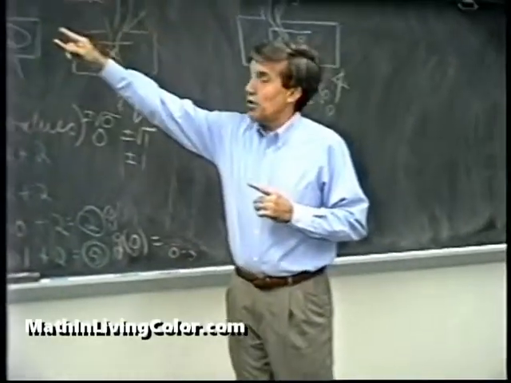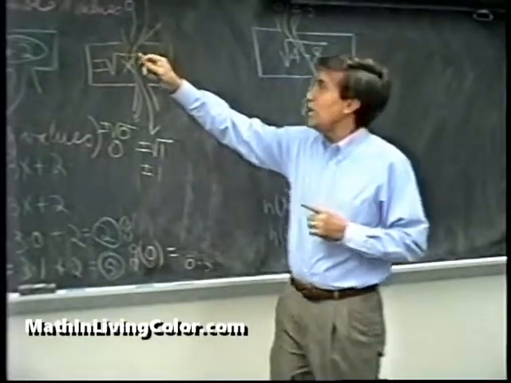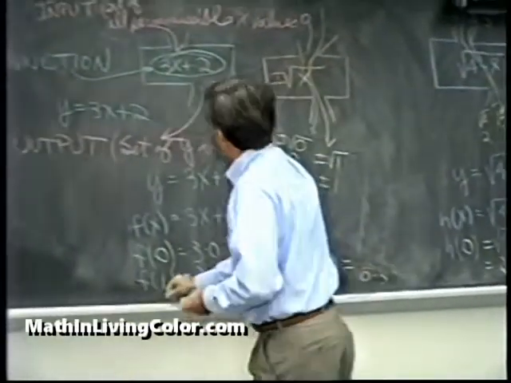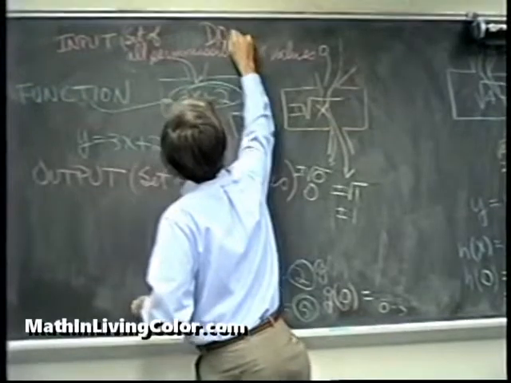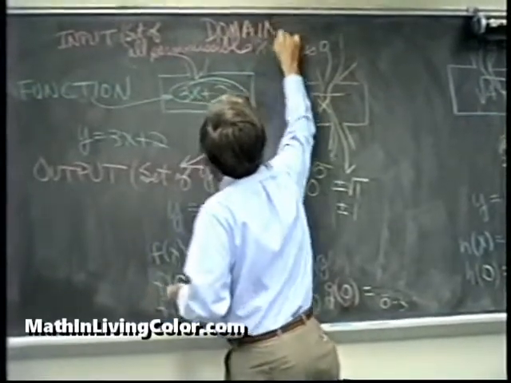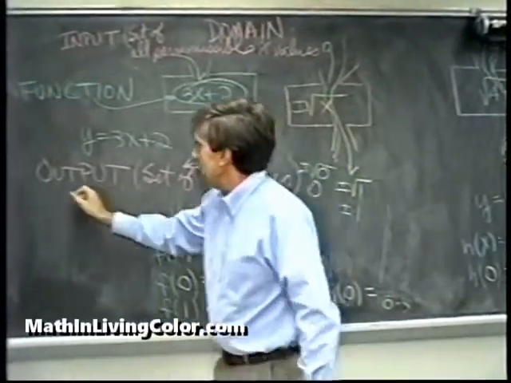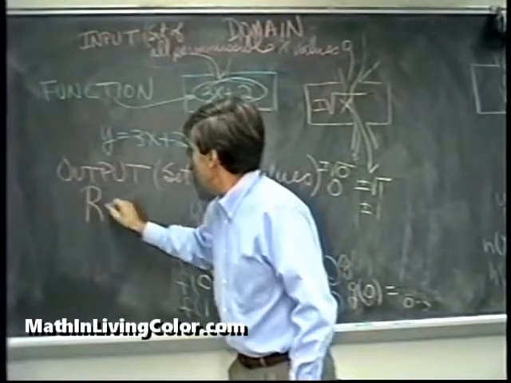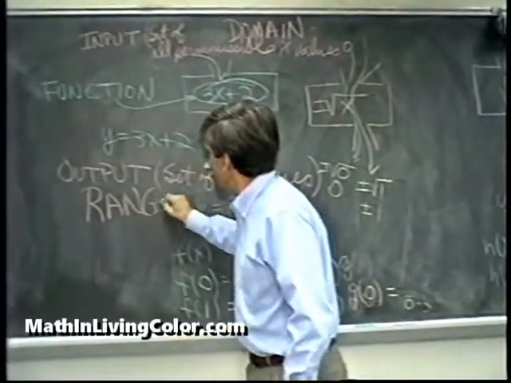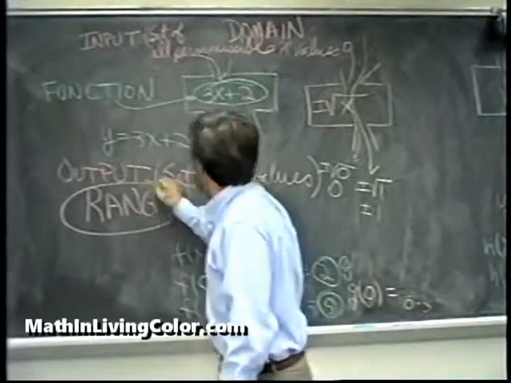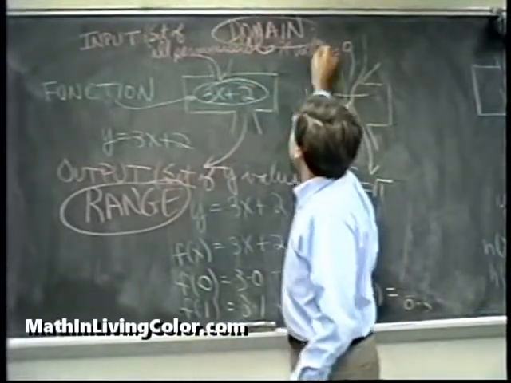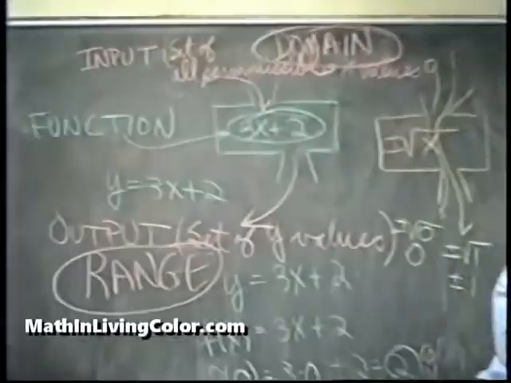The input is really what we call domain. Input is domain. And output is really range. Output is the range. Input is the domain, and output is the range.